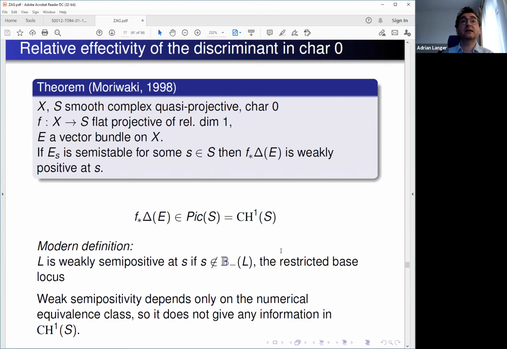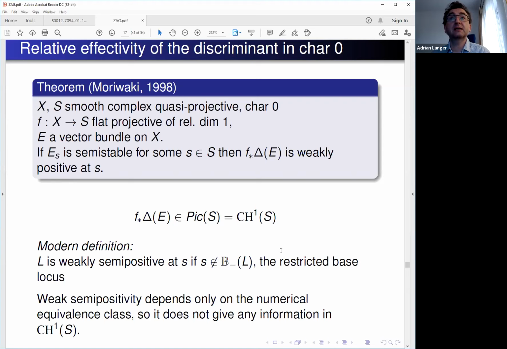Okay, so unfortunately, one cannot hope that this result works in positive characteristic like that, although Miyaoka managed to prove some version of this, assuming that E is strongly semi-stable in positive characteristic.